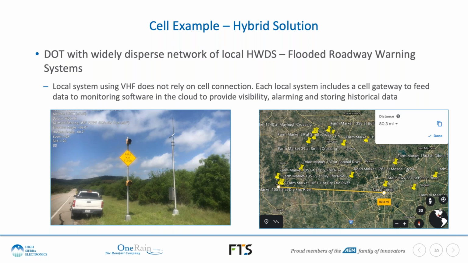So what we're doing here is each of these subsystems includes a cellular gateway. So the data's coming into the cloud, into OneRain's Contrail for display, alarming, and historical data, and also gives them the capability of communicating out to the sites.